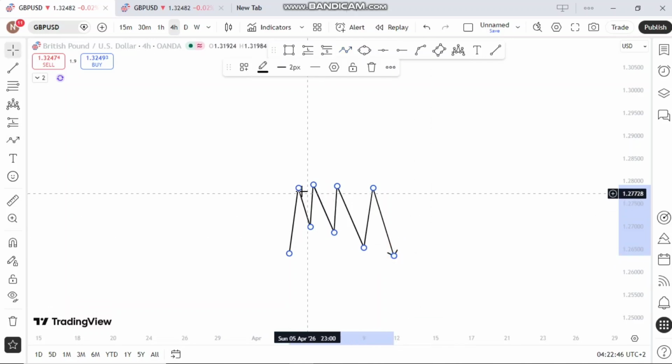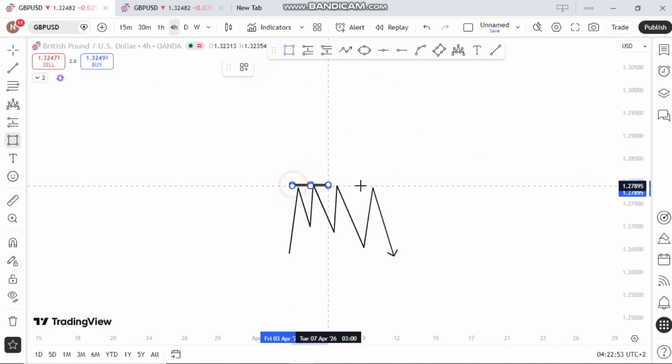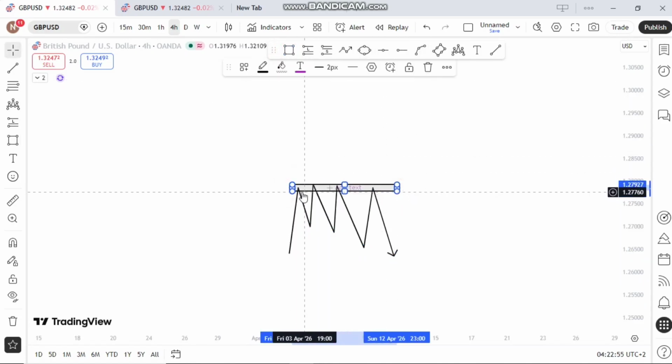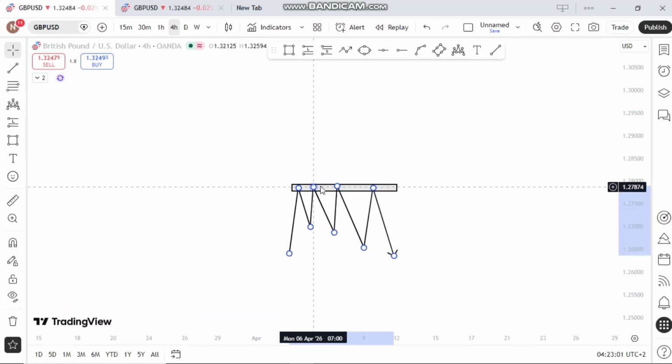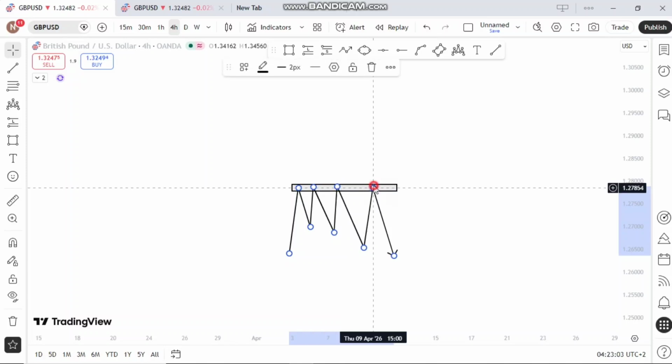So these are rejections. It's when a market comes to a certain zone, and then it rejects that zone. Each time the market came here, it rejected. Each time it came here, it rejected.